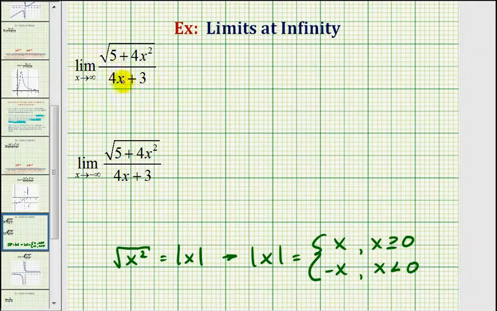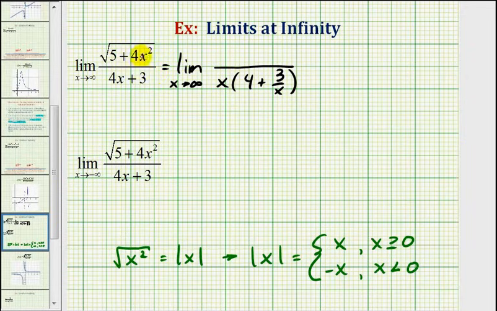So since our denominator is 4x plus 3, we're going to factor out x from both the numerator and denominator. So let's start with the denominator. We'll have the limit as x approaches infinity. If we factor out x from the denominator, we would have x times the quantity 4 plus 3 divided by x. Notice how x times 3 divided by x is still 3. Now we want to factor out x from the square root.